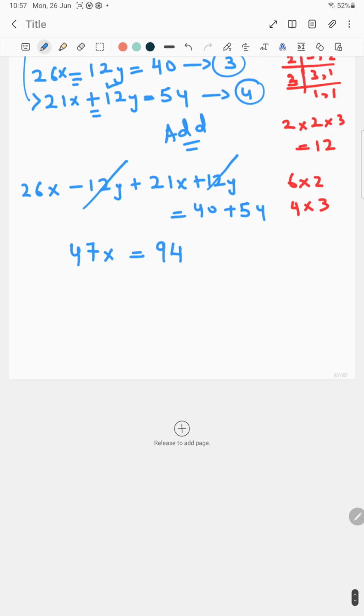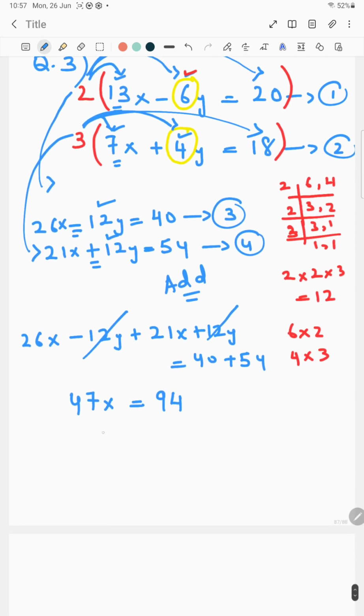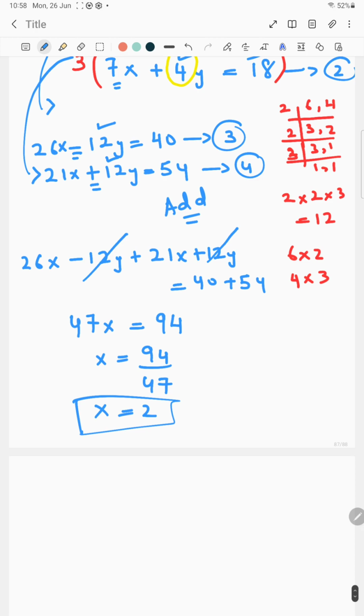Now we just have to find x, so we will divide 47 to the other side. 94 divided by 47, which will be equal to 2. Now we have to find y, and we can put this value of x in any one equation.